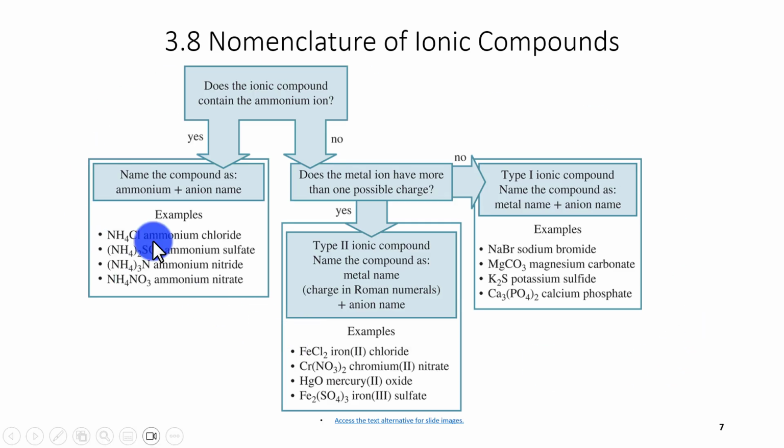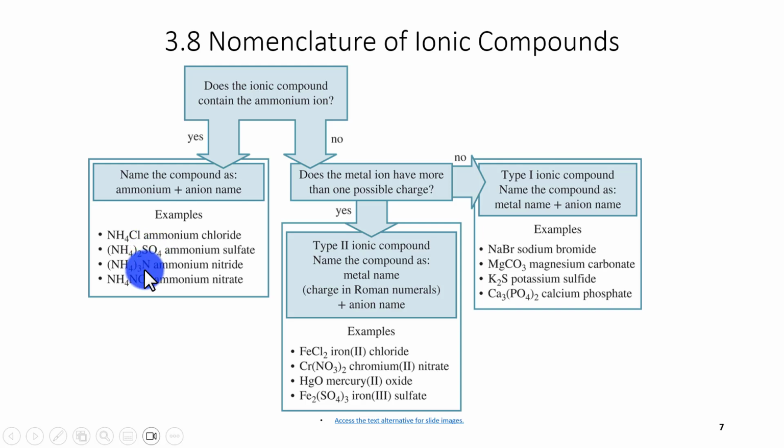To wrap up, here's a quick flow chart on how to name ionic compounds. So does the ionic compound contain the ammonium ion, NH4+? If it does, then you name the compound as ammonium plus the anion name. And here are some examples. So NH4 is ammonium chloride, ammonium sulfate, ammonium nitride, ammonium nitrate.